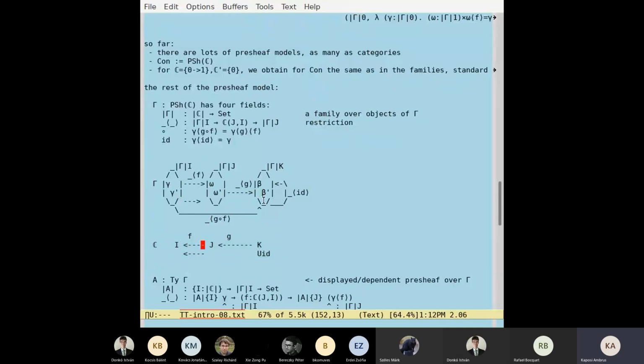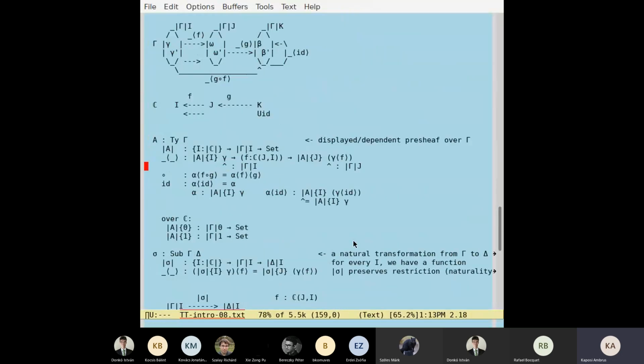Okay, and obviously, I also have some laws for how these maps should behave, so that they preserve composition in the category, and they also preserve the identities in the category. Okay, so that's how you can think about the presheaf graphically.